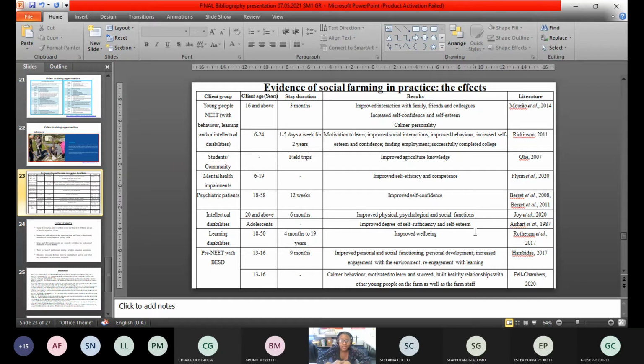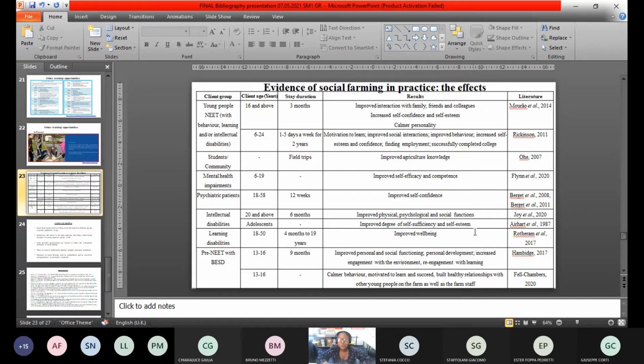In another study by Joy and Company in 2020, it was noted that a group of people with intellectual disabilities who were placed on a farm for 6 months, and whose age group was 20 and above, exhibited signs of improved physical, psychological, and social functions. Another group of adolescents reported improved degrees of self-sufficiency and self-esteem.